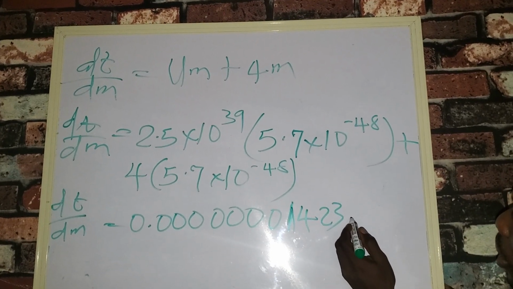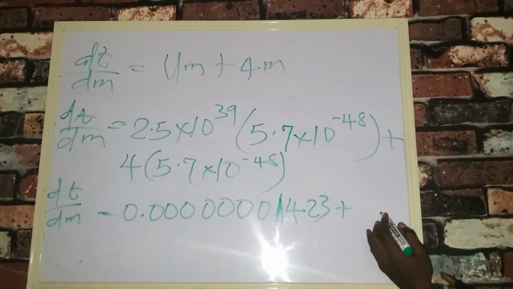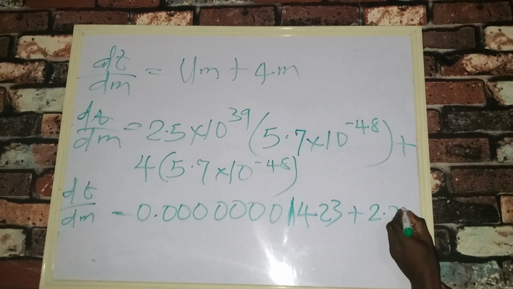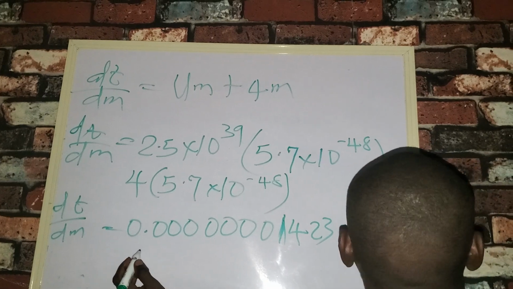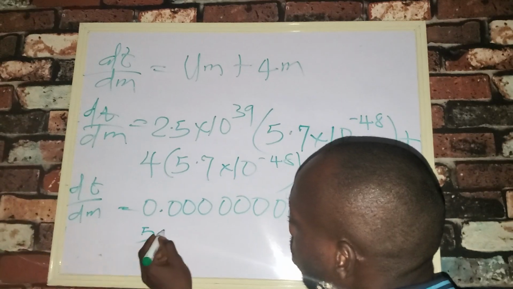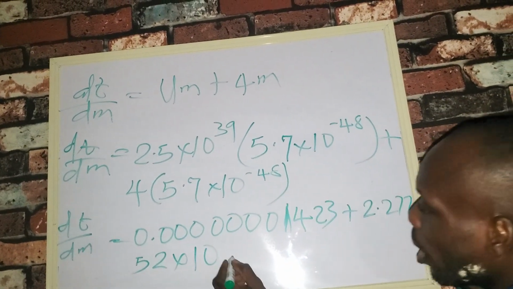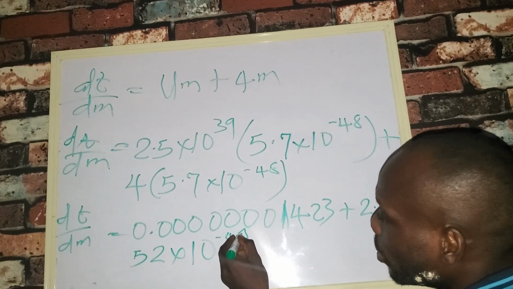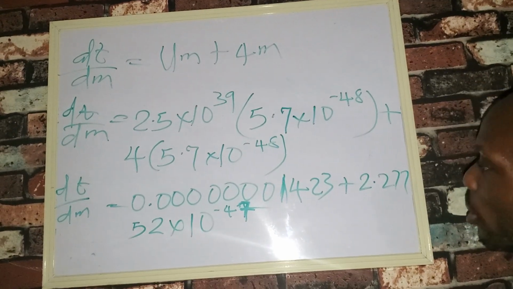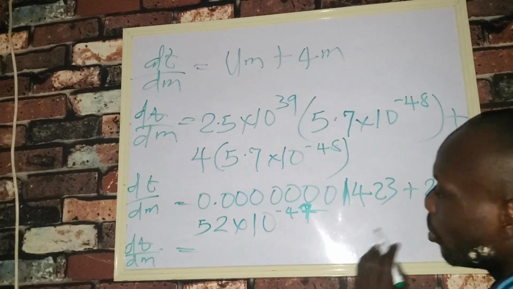So now we plus. So by the time we multiply this, then we're going to have 2.277, then 5, 2 times 10 raised power minus 47 here. Minus 47. Good.